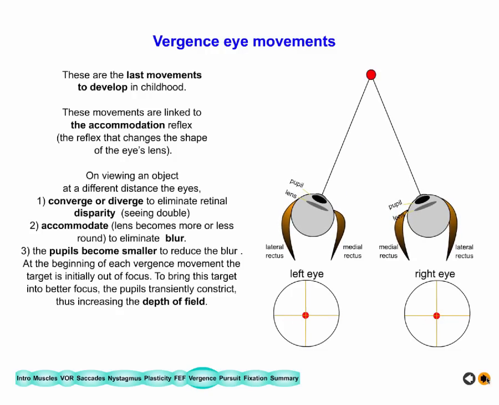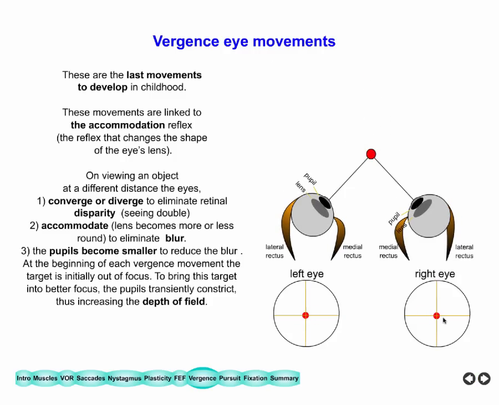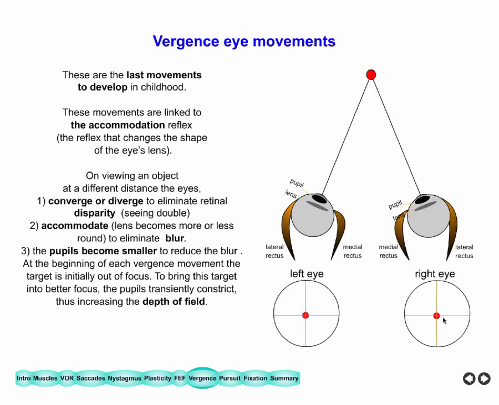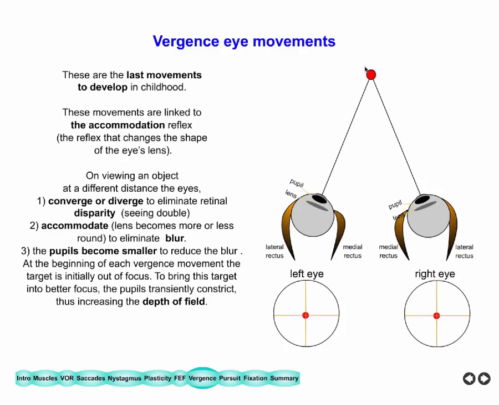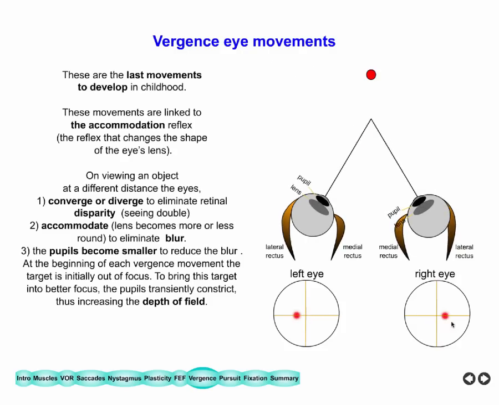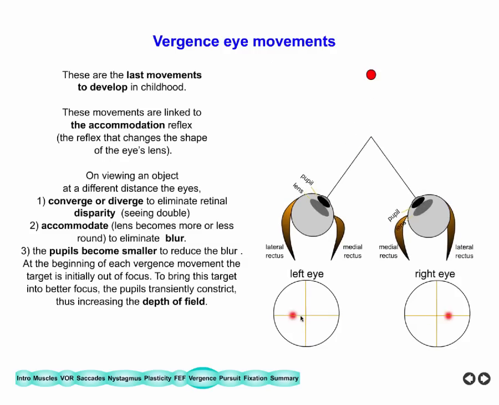Here's vergence movements. You can see, this is what the eye sees. You can see that every time this ball moves from close to far, every time the ball moves, initially you can see it's different on each eye. This is the fovea.